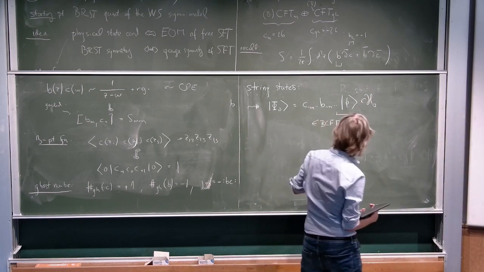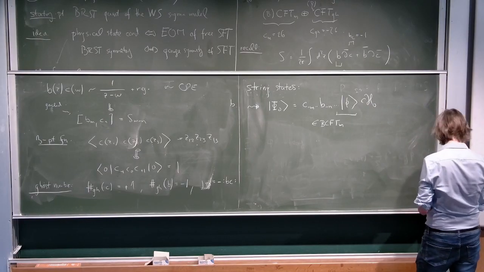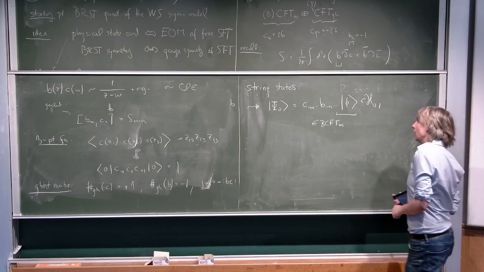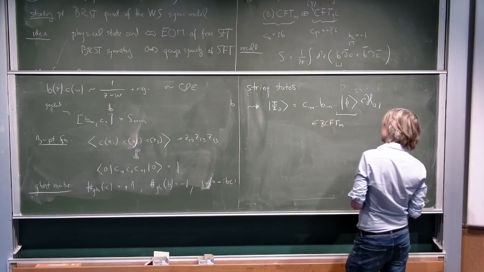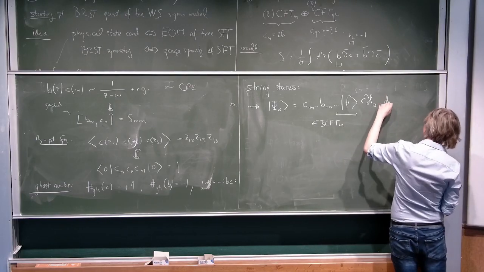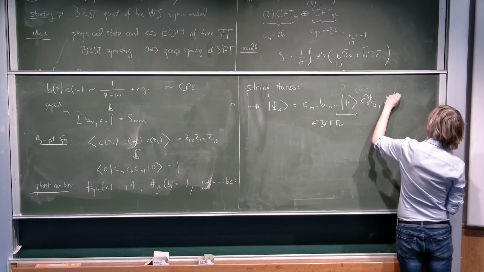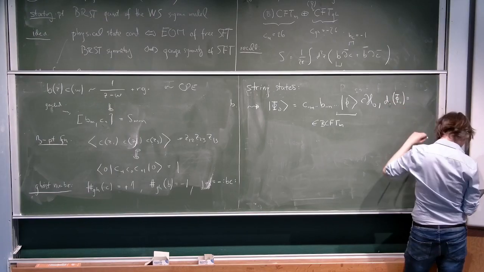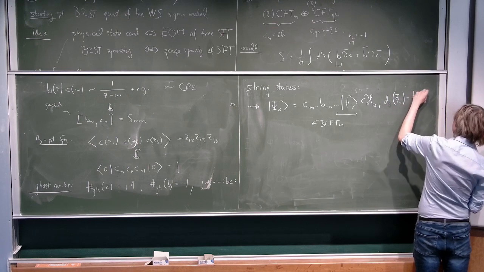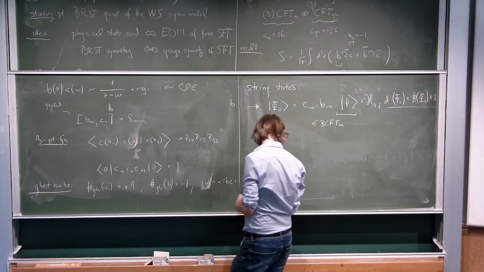So this is a completely generic representative of this Hilbert space, and later we will see that it is very useful to assign a grading degree to these states, which in the case of open string states I will just define to be the total ghost number +1. So this is for later.